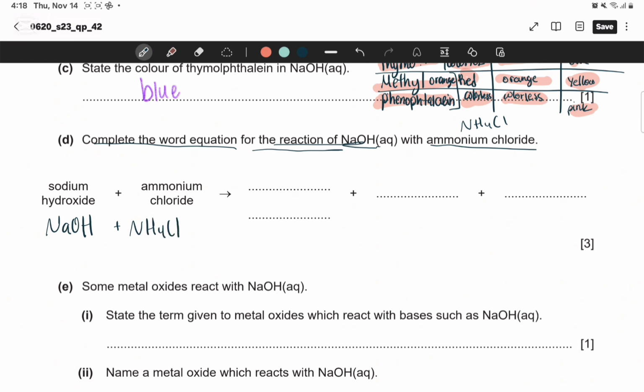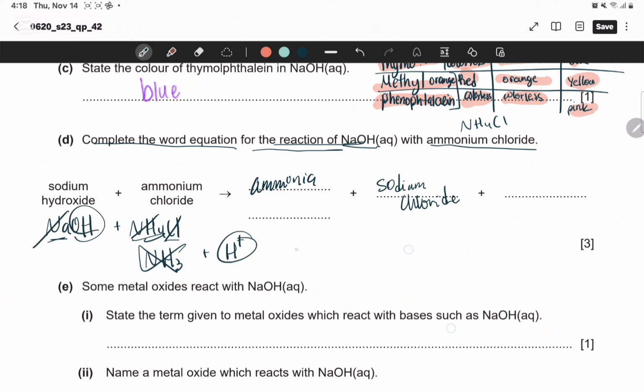We're going to get NaCl, sodium chloride, and the NH4 will become NH3 and H plus, so here ammonia. Then we're left with OH minus and H plus, and OH minus and H plus gives us water, H2O.